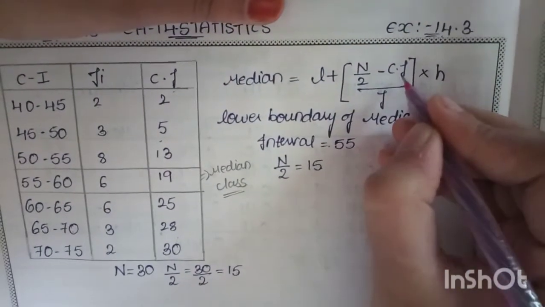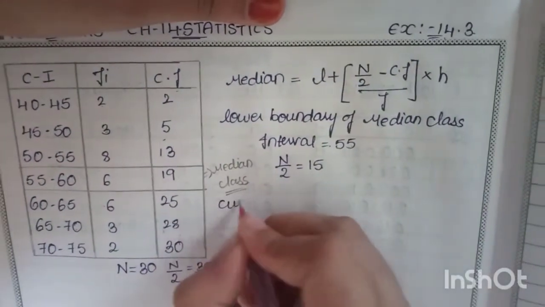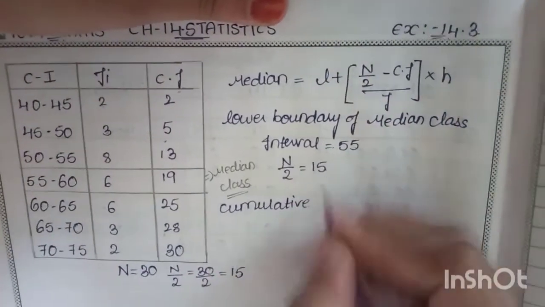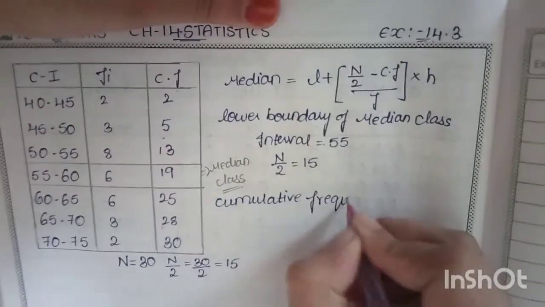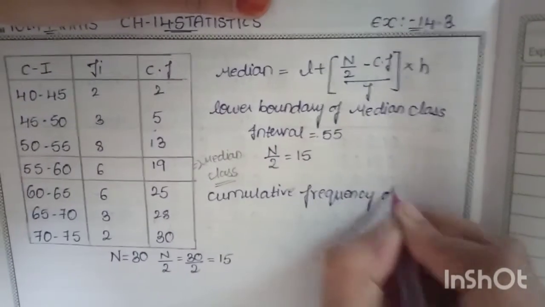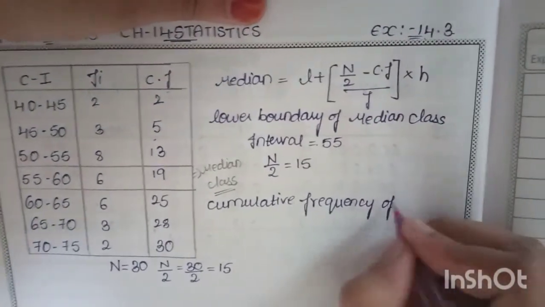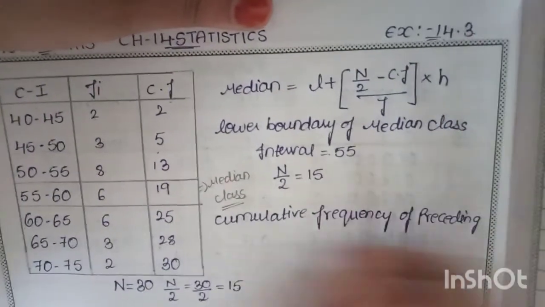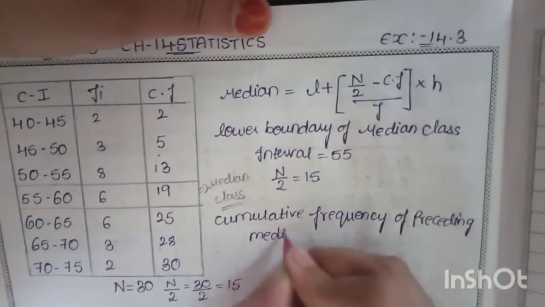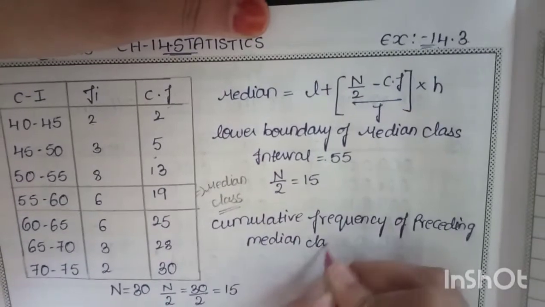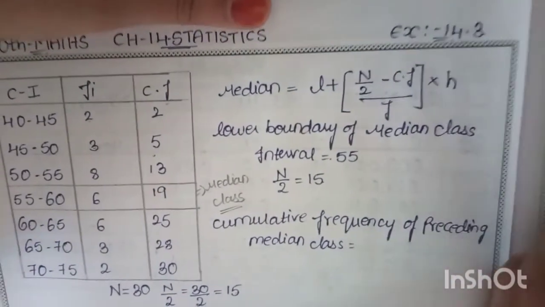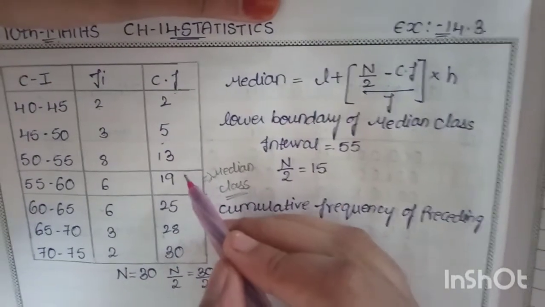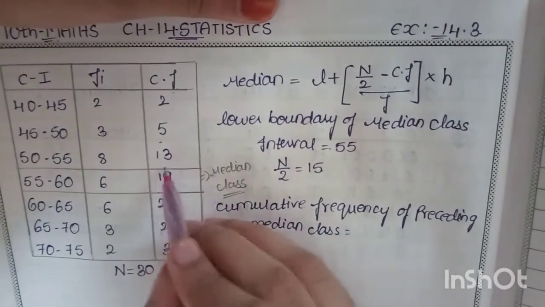Next, cumulative frequency of the preceding median class, that is the cumulative frequency preceding this median class, is 13.